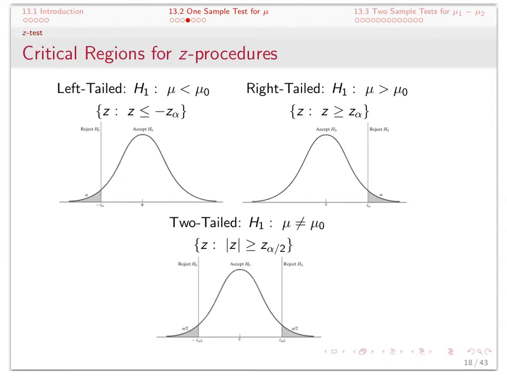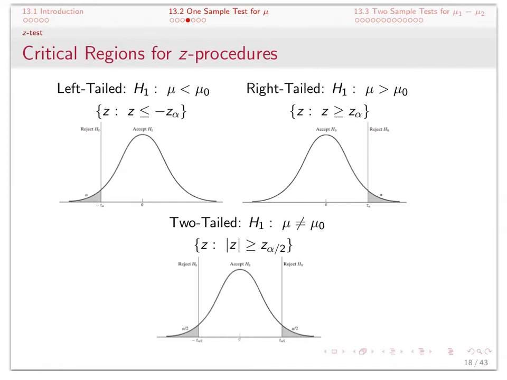Similarly, when working with a right-tailed test, if our alternative hypothesis states mu is greater than some number, mu naught, then we will chop off an area in the right tail under the z distribution such that the area is equal to our risk level alpha, and our rejection region then becomes the set of z-scores where z is greater than or equal to z alpha.